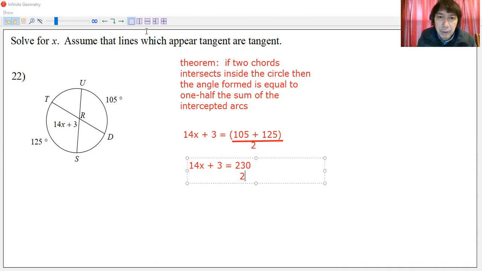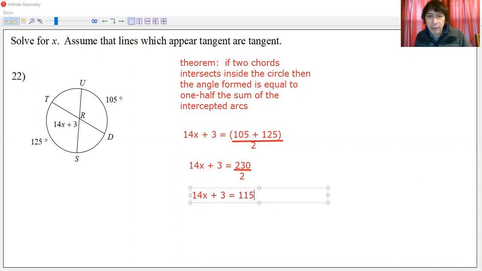And so we still have a division symbol here, and we're going to have 115. So our next line is 14x plus 3 is equal to 115. So we deduct 3, minus 3 and minus 3. And next line is 14x, and this will now be 112.